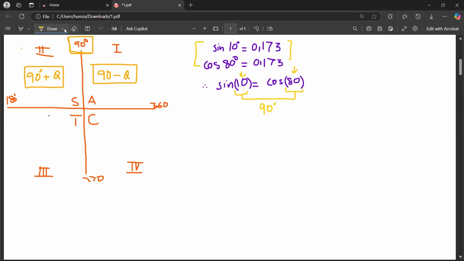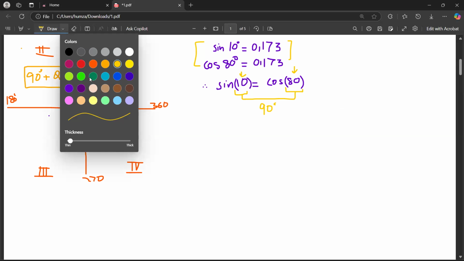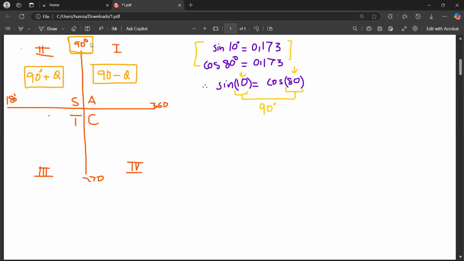Now we have questions arising from here. Question number 1. Now we need to reduce the co-functions. If I give you sine 90 minus theta, this will be equal to positive cos theta.